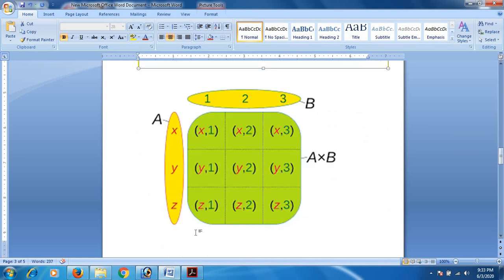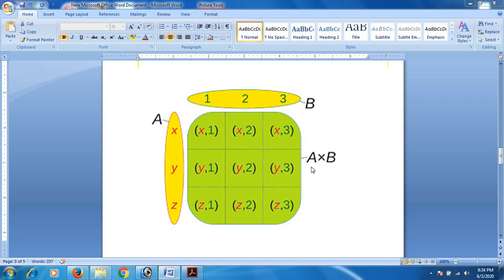So if you see this picture, we can understand a little more. So this is set A. In set A, we have the elements x, y, z. In set B, we have the elements 1, 2, 3. Now we have already learned, A cross B is a Cartesian product.